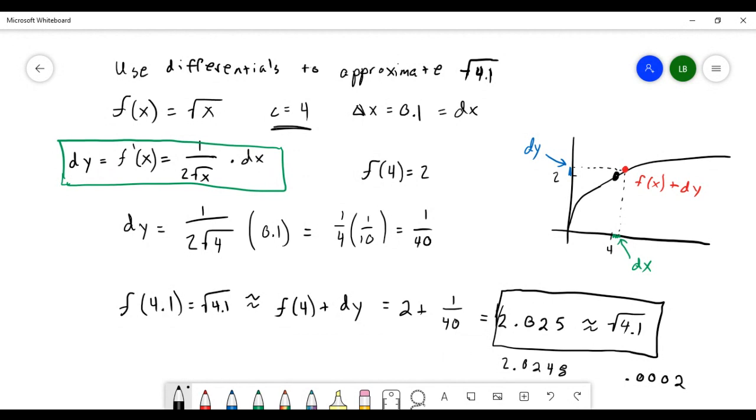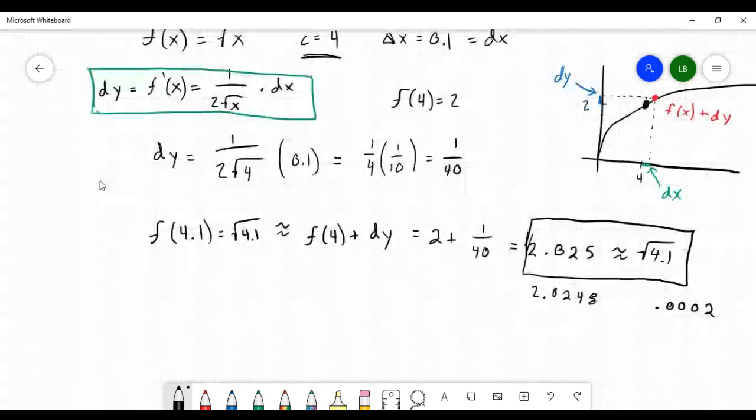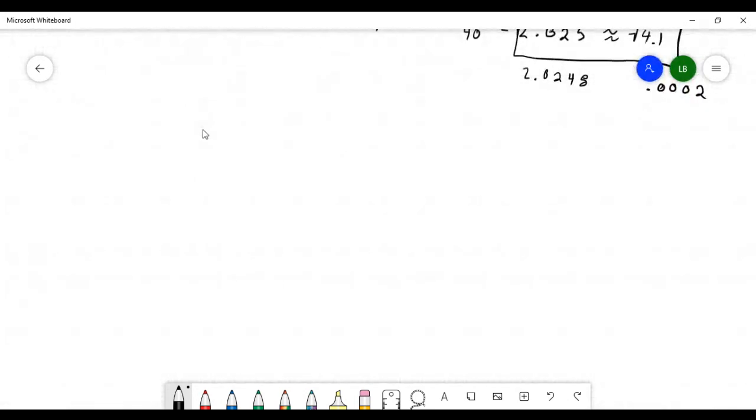You can maybe think of it in terms of a tangent line. For instance, our general tangent line equation is the tangent line of some function is f prime at some point c times x minus c plus f of c, where c is the point that we're making our approximation at, right?